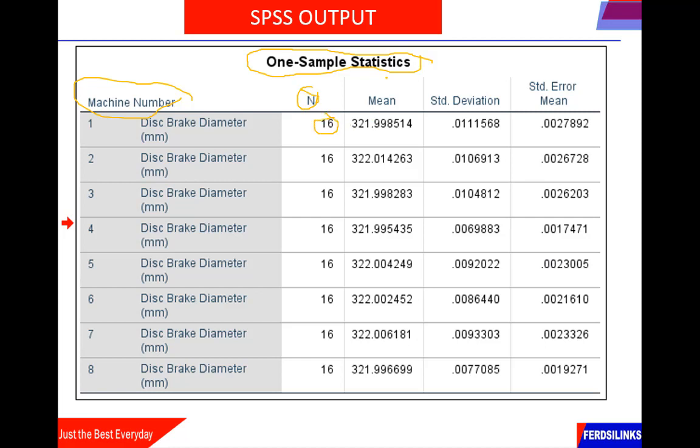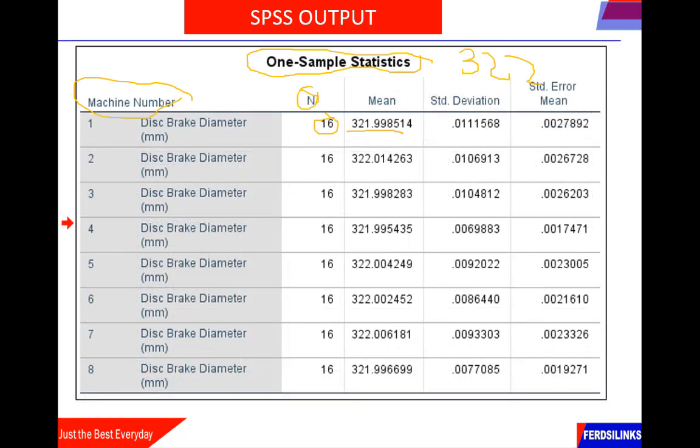So the mean for machine 1 is 321.9915. This is the standard deviation, right? Looking at this, we cannot say if it differs from the 322 that we are expecting, right? We have machine 2, the same situation.